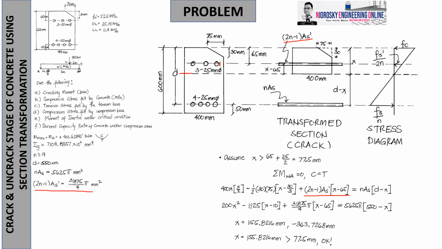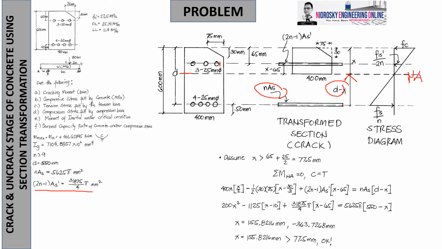So, 65 millimeter, no? Yung binigay na distance. X ito. Okay? So, distance mo makukuha na ito. X minus 65. Ganun na siya ka-bilis kunin. And then, followed by equal. So, equals na kasi tapos ka na sa compression eh. Sa tension ka naman mag-equate. Okay? So, sa tension, nAS lang yon times d minus x. So, n times AS multiplied by d minus x as a distance going to neutral axis.